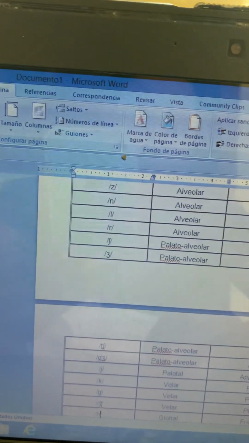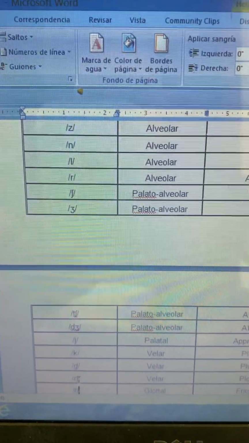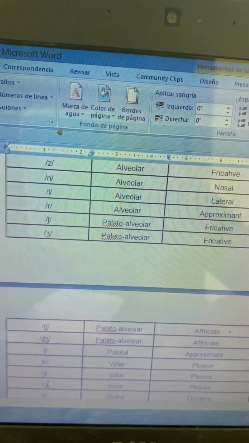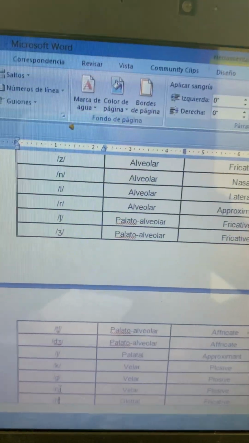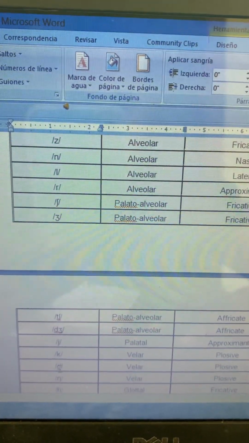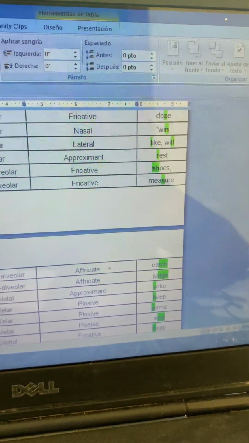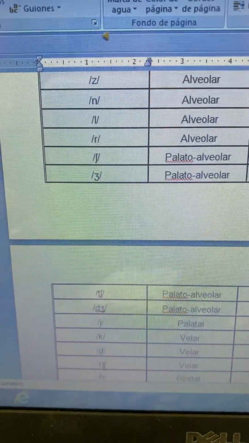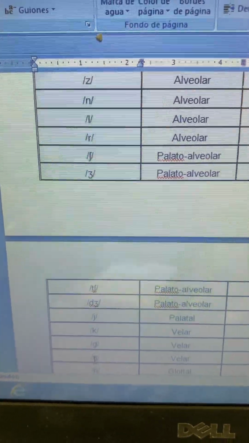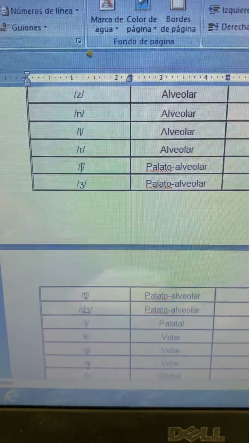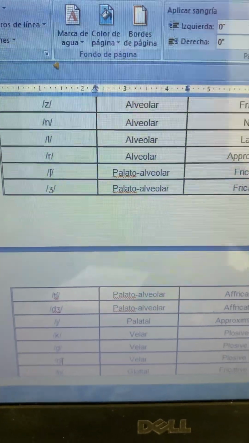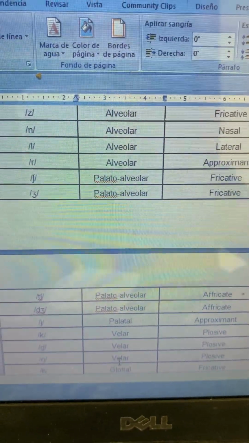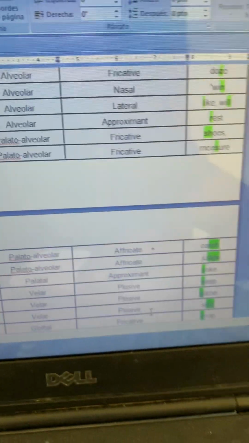And we have the consonant ng, which is voiced, velar, nasal.